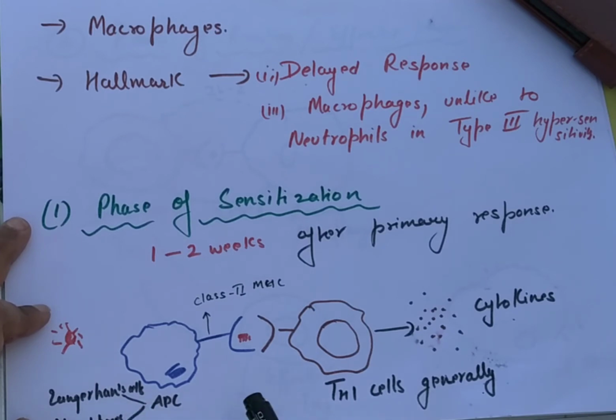APC means antigen presenting cells. They pick up the antigen, process it, and then present that antigen on their cell surface, complexed with an MHC molecule. Depending upon the type of MHC molecule presenting the antigen, the type of T cell involved in type 4 hypersensitivity is determined.